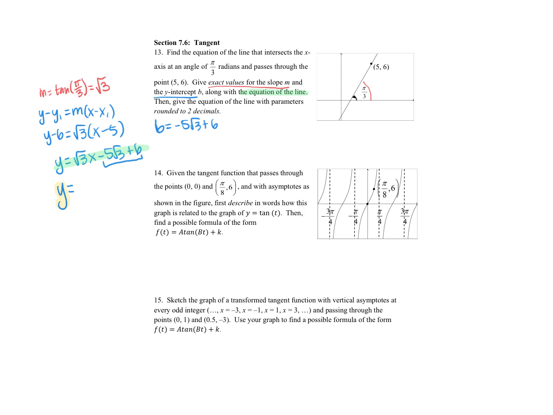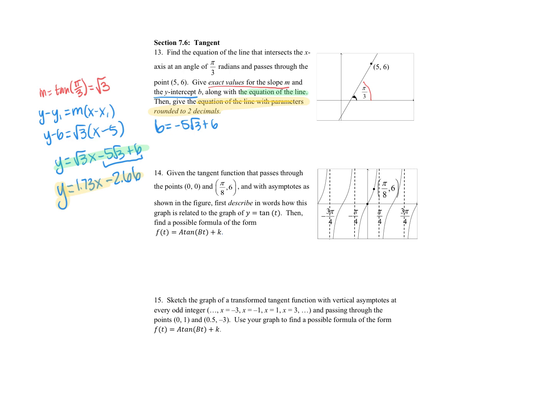It's 1.73. And then if I do negative 5 square root of 3 plus 6, that gives me minus 2.66. And so there it is with the parameters rounded to 2 decimal places would be this answer there.